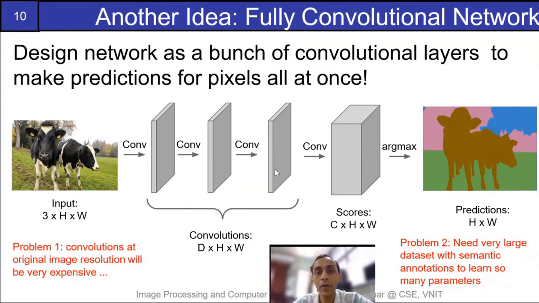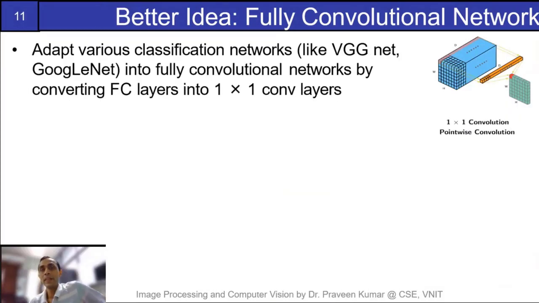An improvement over this is to not have the entire network at the same resolution. First of all, to avoid the problem of needing a huge data set with semantic level annotation, we would like to reuse the classification networks that get trained on ImageNet, like VGGNet, GoogleNet, InceptionNet, all those things.